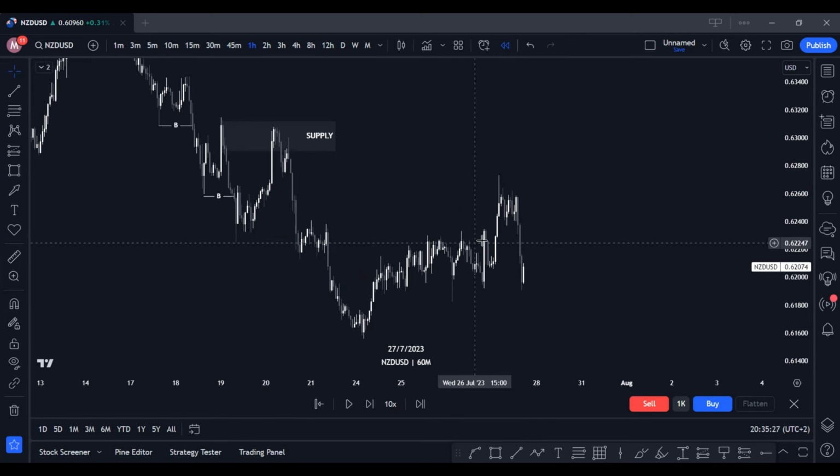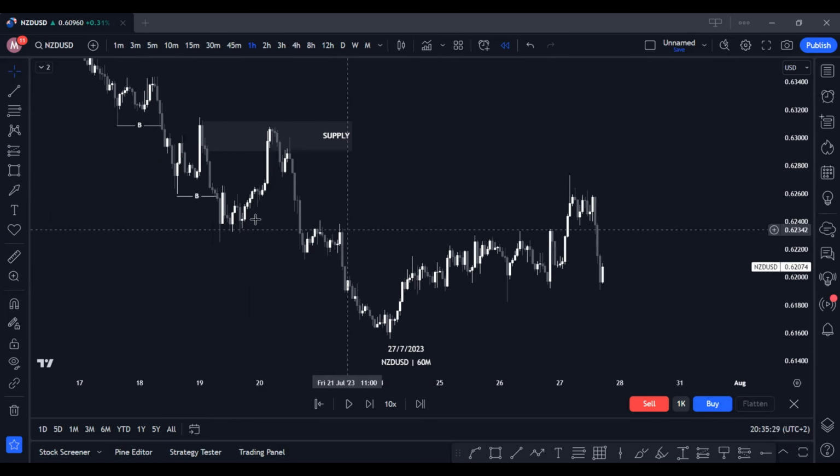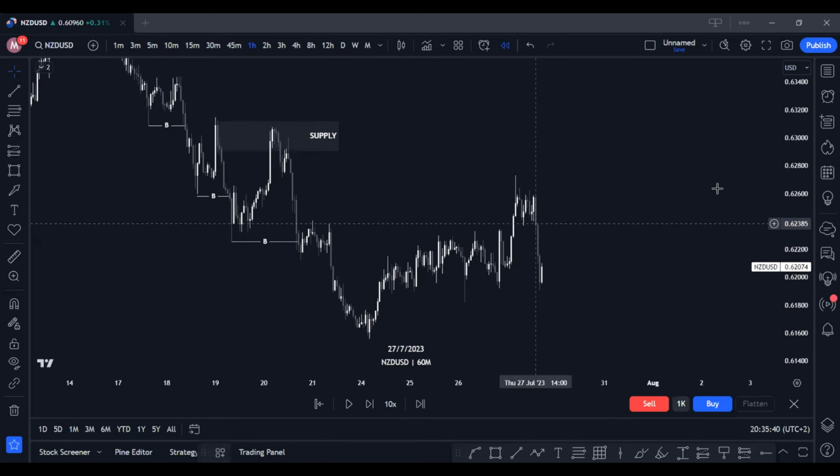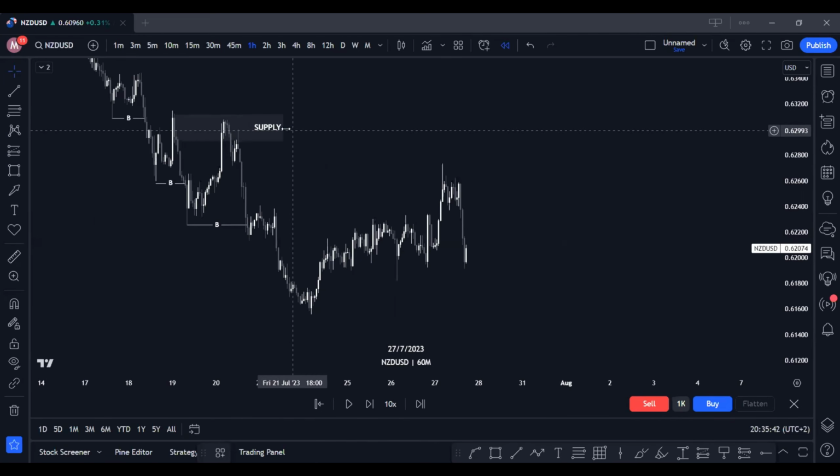As you can see there, again, since price created this break of structure, respected this supply area, and then again price creates this beautiful break of structure here.